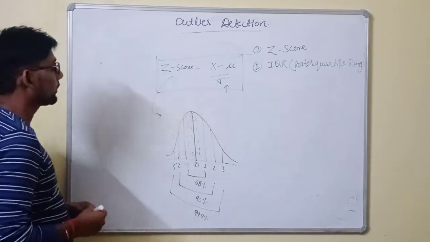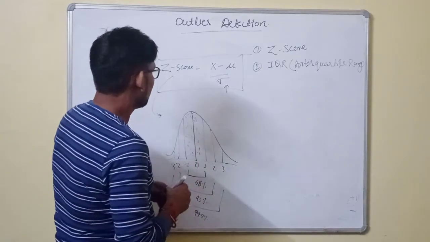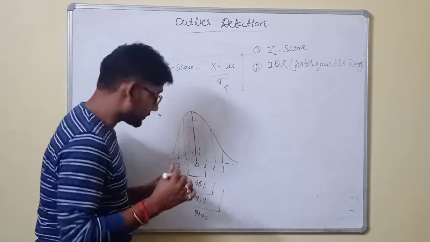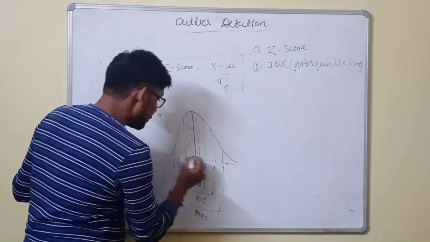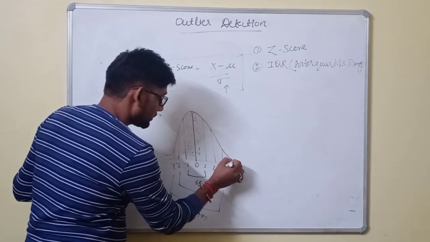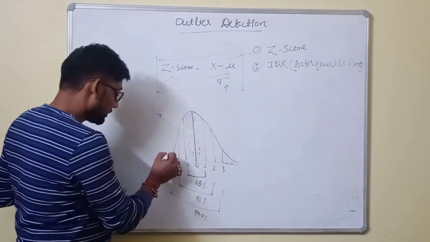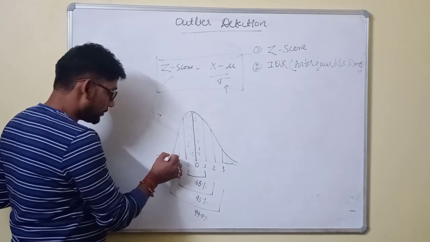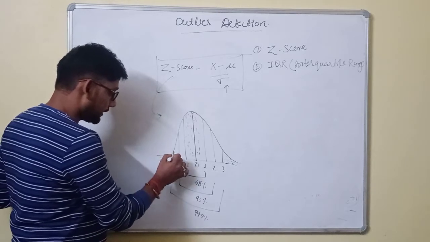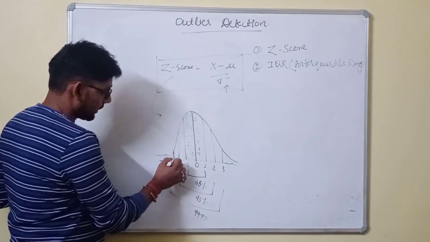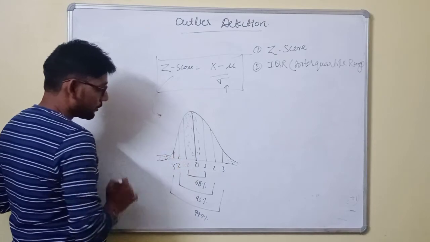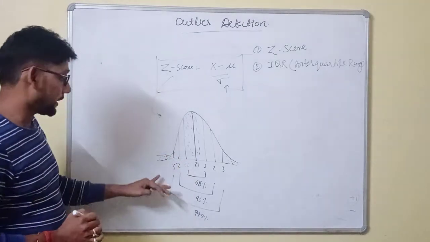So we can say that if a value lies in this region, beyond this standard deviation 3, it would be an outlier, right?